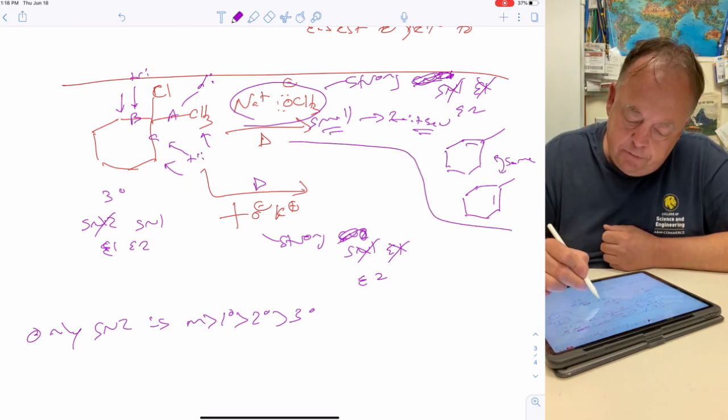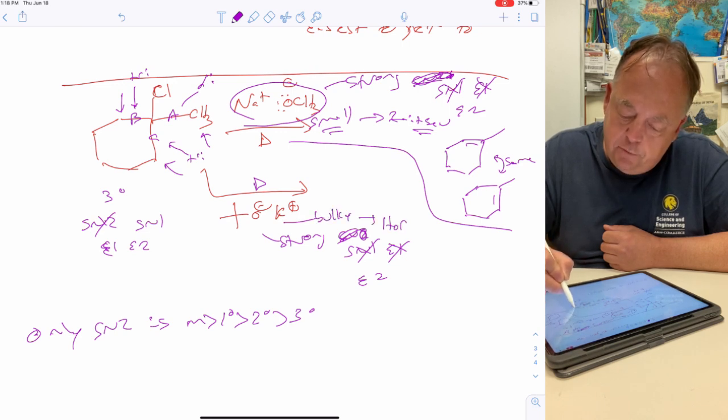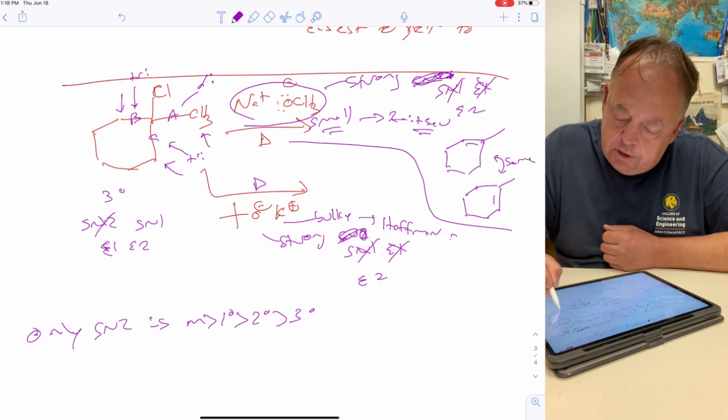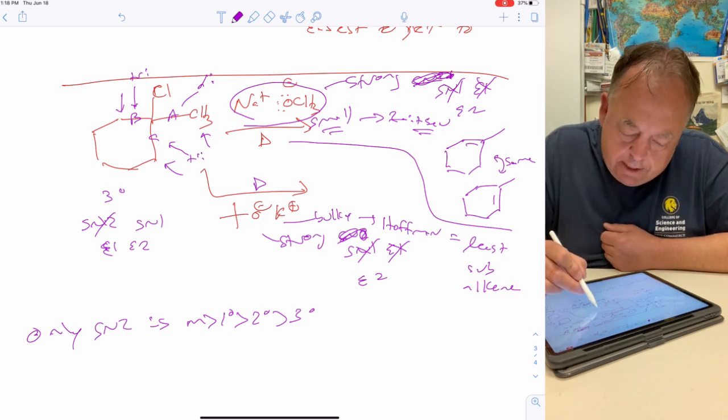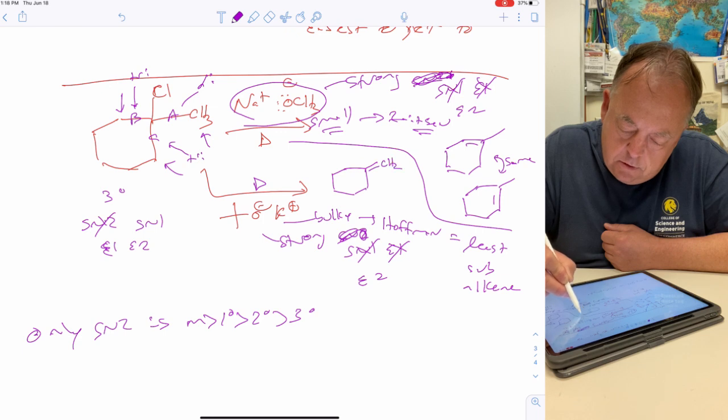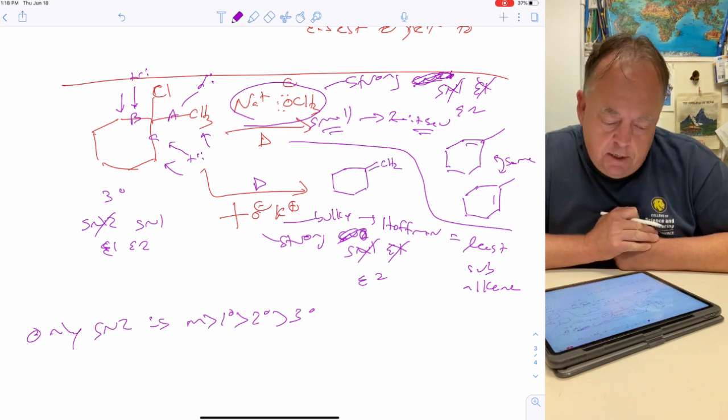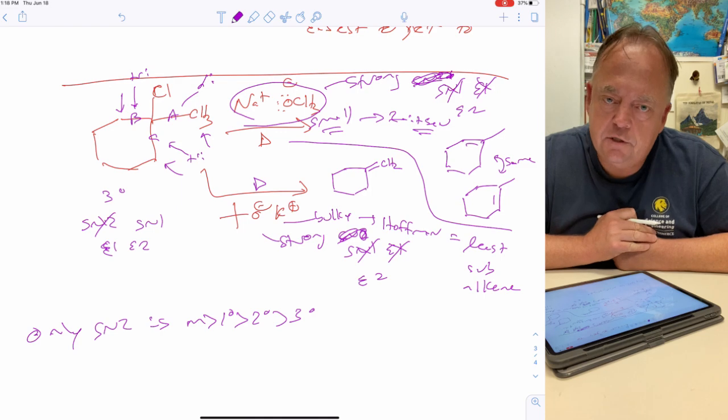If you use potassium tert-butoxide, this is bulky. So that's going to lead to the Hofmann product, which is the least substituted alkene. So that means the double bond needs to be at A. You lose a hydrogen from there and make a double bond, and chlorine leaves, and that's your product.